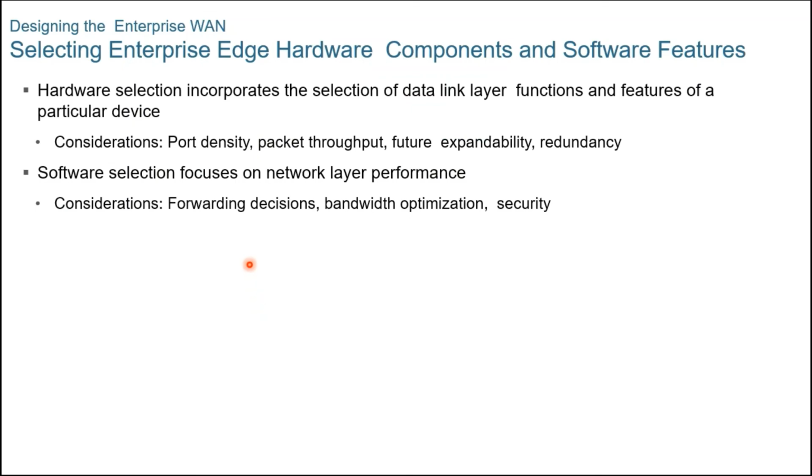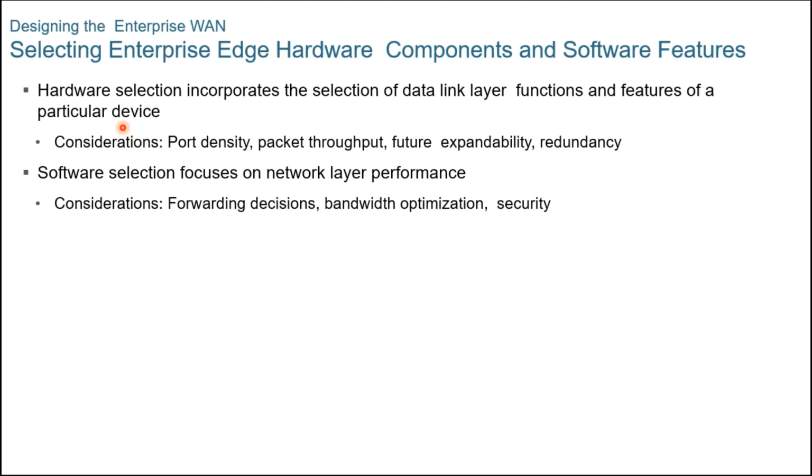Selecting enterprise edge components. After identifying the remote connectivity requirements and architecture, you are ready to select the individual WAN components, which of course include hardware and software. Now, hardware selection. When selecting hardware, use the vendor documentation to evaluate the WAN hardware components.